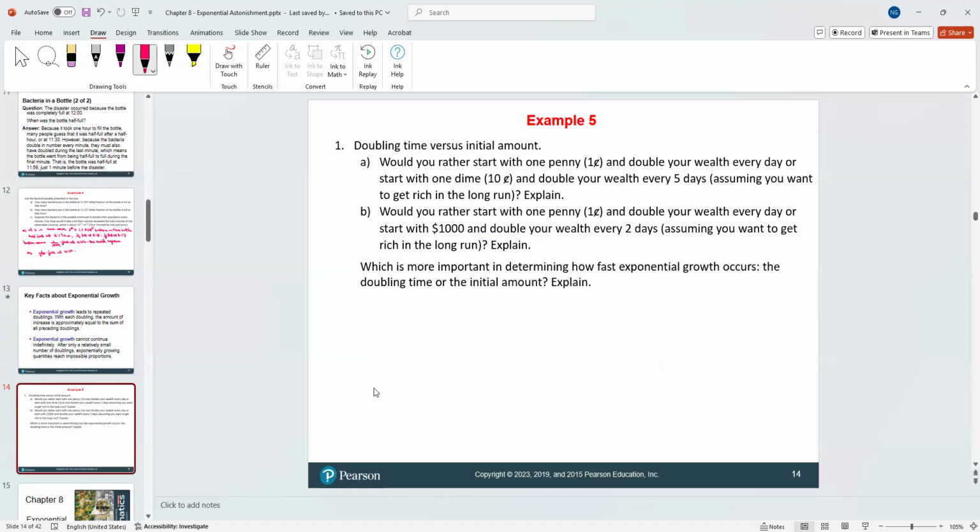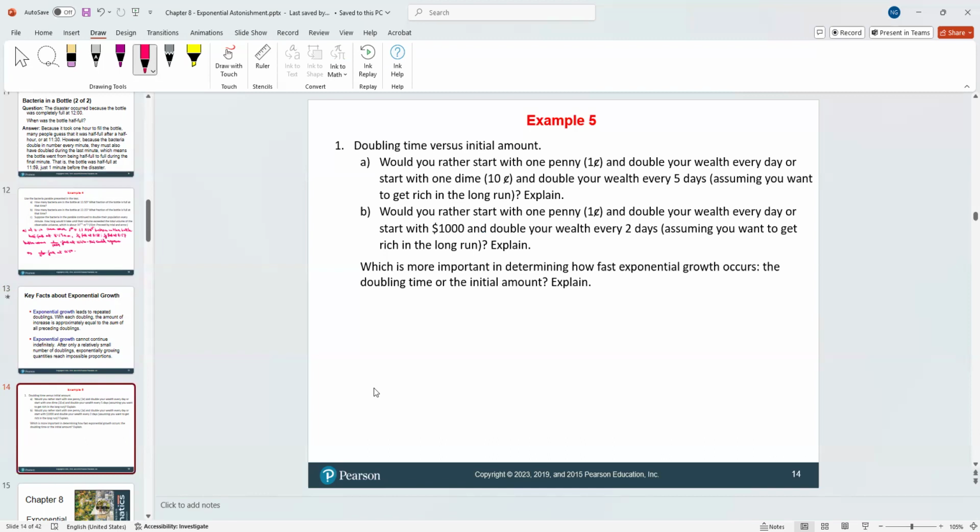We said, would you rather start, because those are types of questions we can probably try to answer, would you rather start with 1 penny and double your wealth every day, or start with 1 dime and double your wealth every 5 days? Assume you want to get rich in the long run. So, what do you prefer?